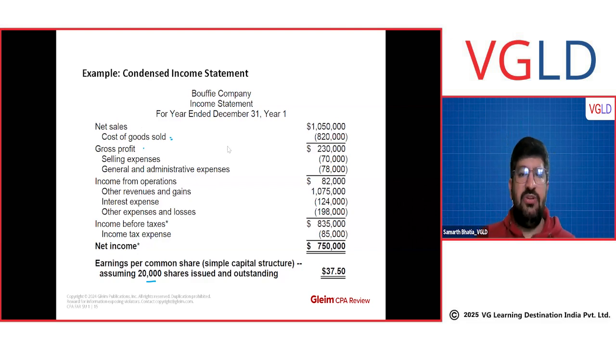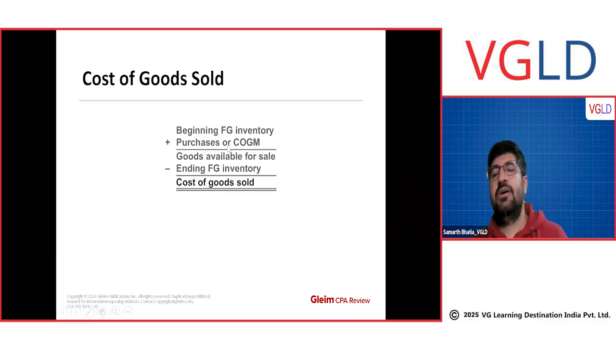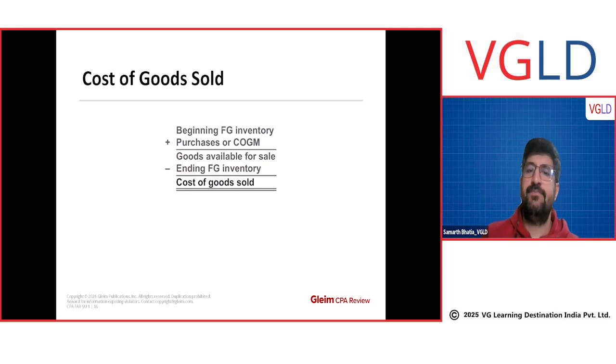Now, I'm moving to the next thing. Cost of goods sold. So, cost of goods sold can be calculated from the trader's point of view and from the manufacturer's point of view.